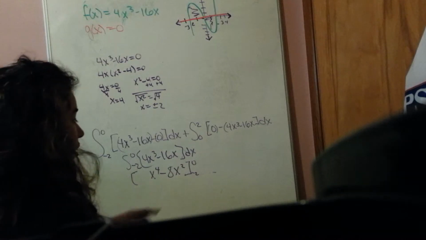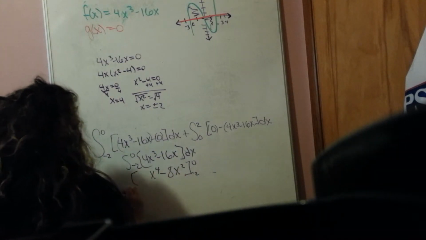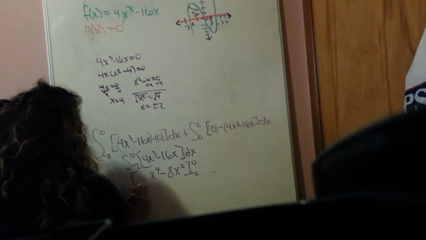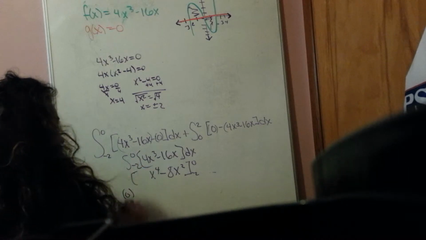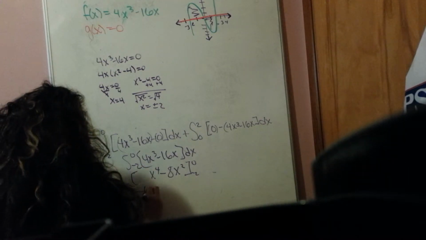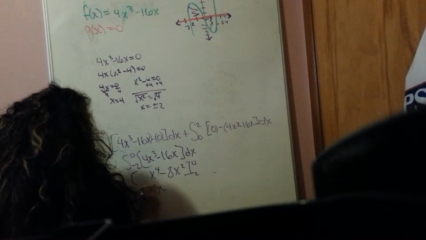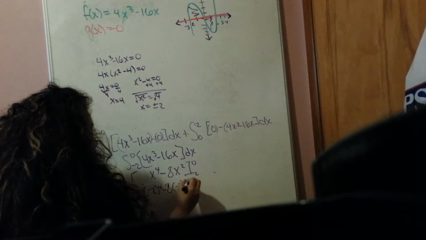Now you plug in 0 first. Obviously it's 0, so we skip that step. Then it's minus, and you plug in negative 2: negative 2 to the 4th minus 8 times negative 2 squared.